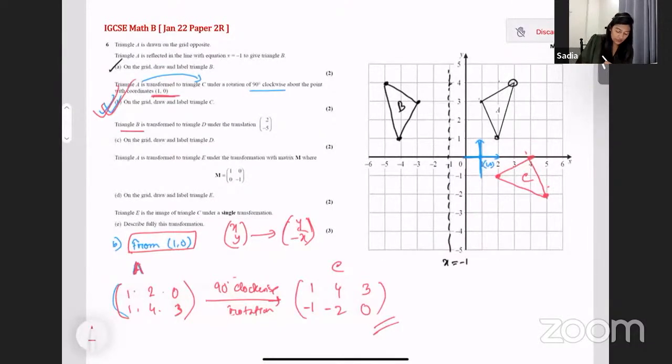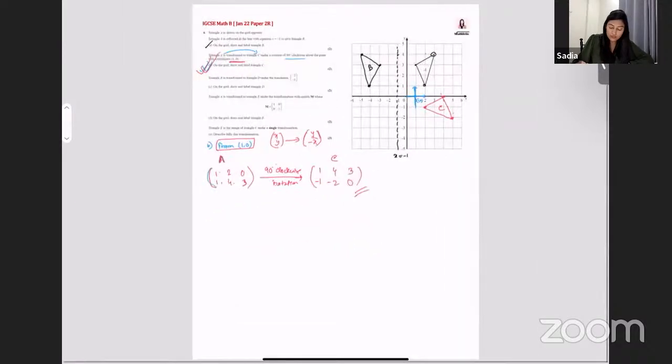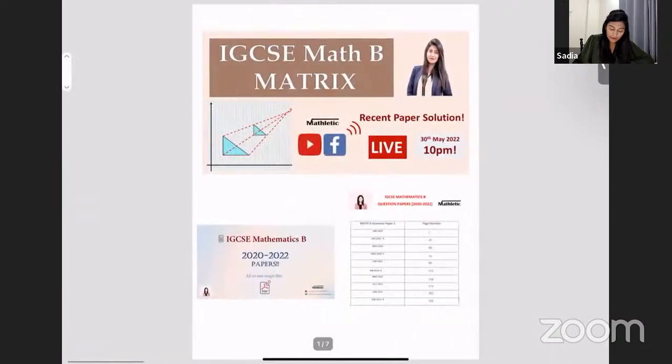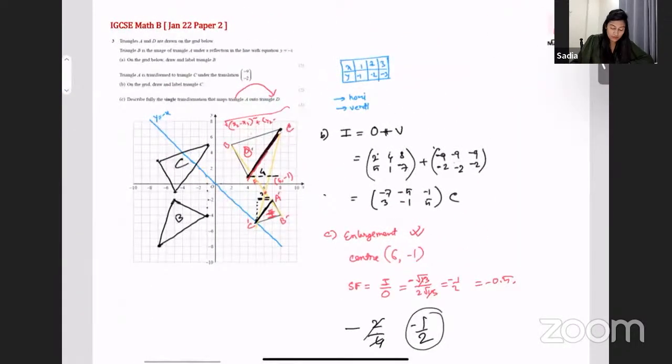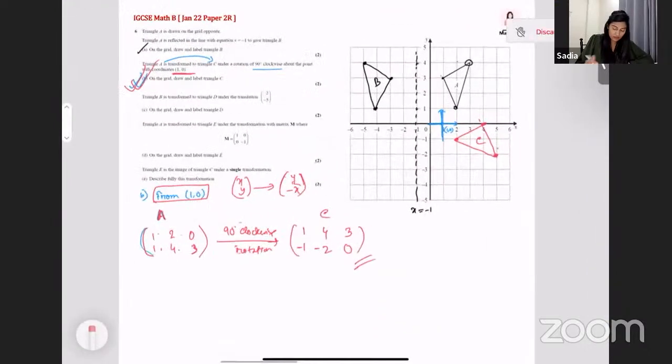Then triangle B is transformed to triangle D under the translation this. So I will use the coordinates of B. This is your vector. So object plus vector. You need to just use the formula for translation, which I have already solved in part B. So this is similar to that. So image is object plus vector.